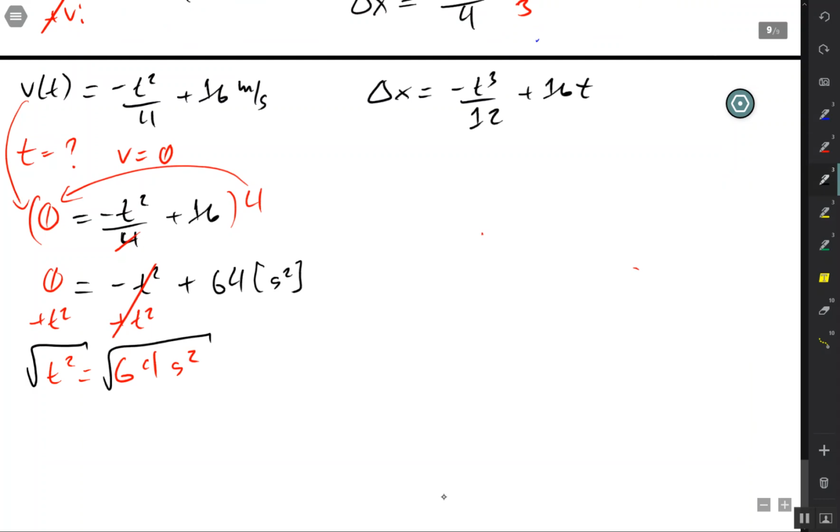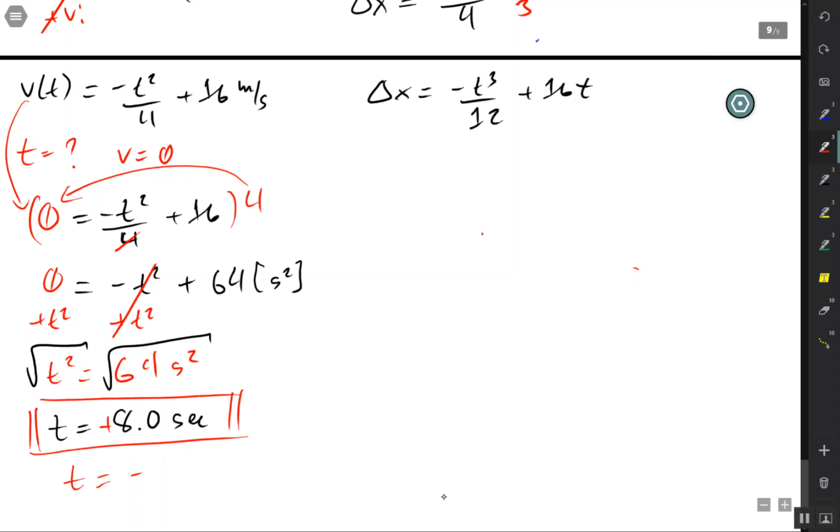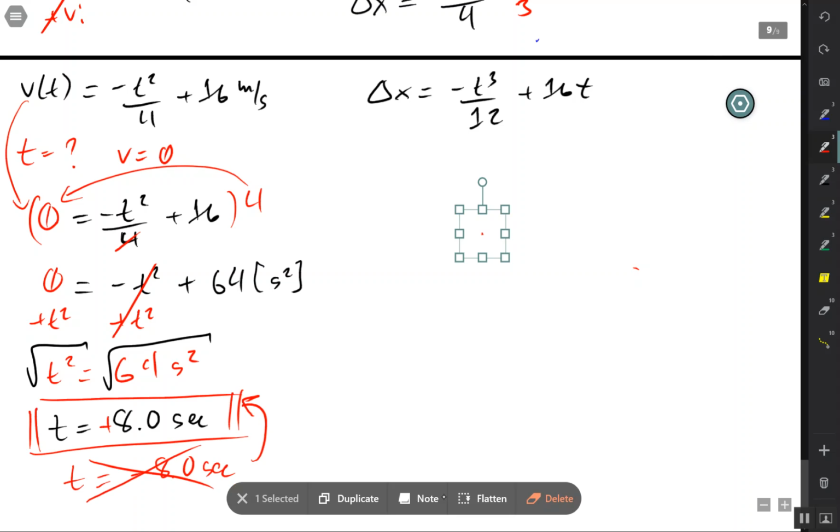Taking the square root, I get t equals 8.0 seconds. Actually I get two answers out of that: plus and negative 8.0 seconds. Time is a scalar here, so the negative does not make sense. We're just going to use the positive. And that is the first of our answers.